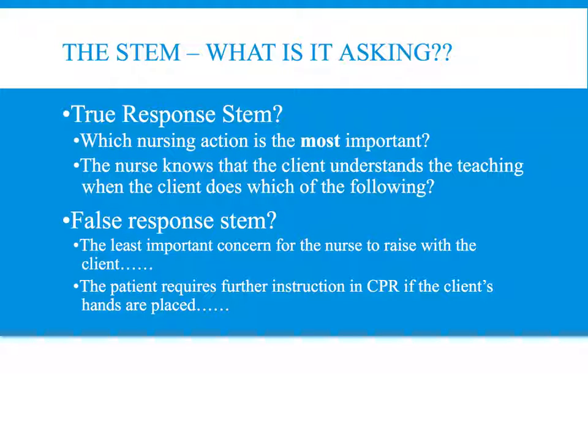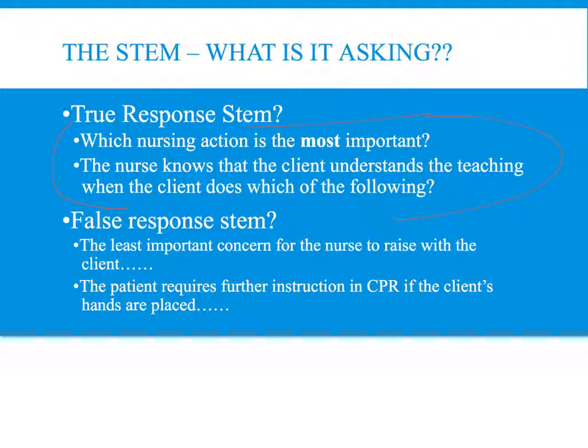So it basically wants you to identify the most important thing. The second example here says, the nurse knows that the client understands the teaching when the client does which of the following. So these are positive answers, so they are called a true response stem, in comparison to a false response stem. And you've probably seen some of these questions before.